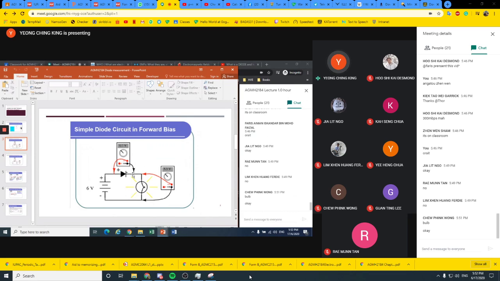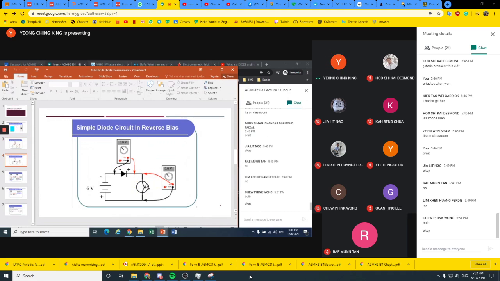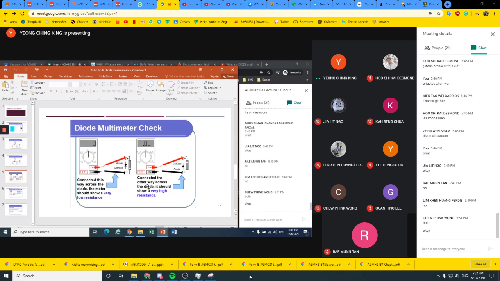It will always stick to 0.7 volt. Therefore, the voltage across the bulb will be 5.3 volt. These two add up together to equal 6 volt. So this one is for the diode multimeter checking.